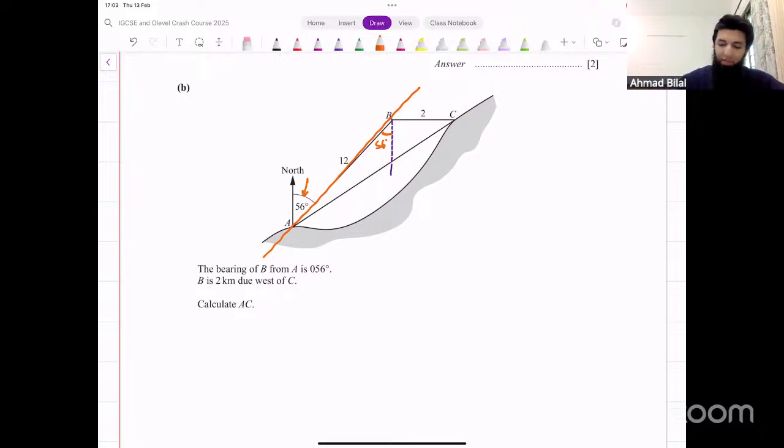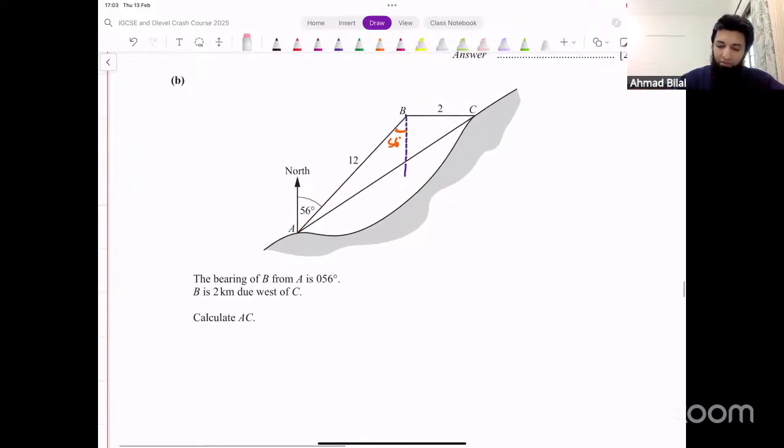Make sense? Once that angle is 56, we know this is 90 because I drew a vertical line here, and we know this is horizontal because it says B is 2 kilometers due west of C. So from C, this is the west direction. That means it's horizontal. So this angle here is 90 degrees.